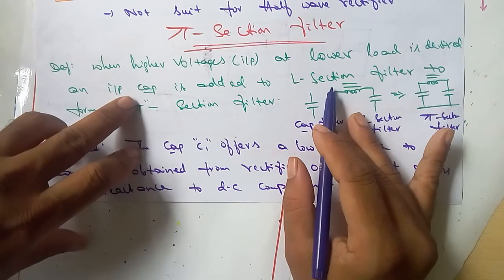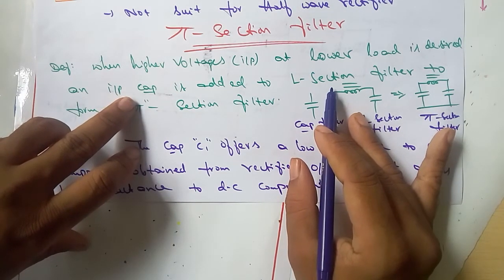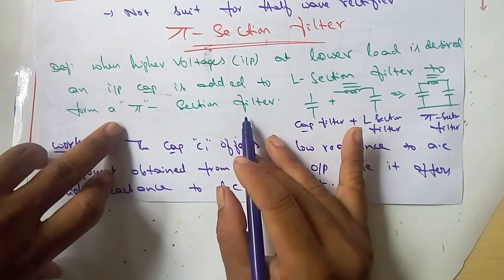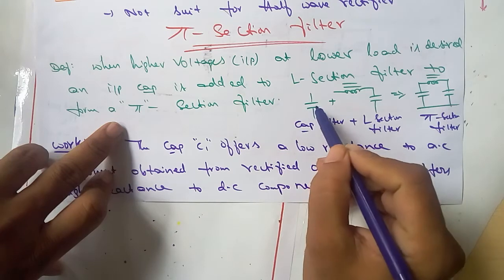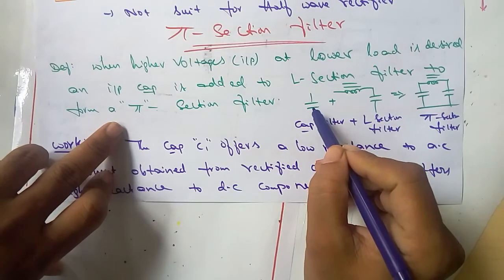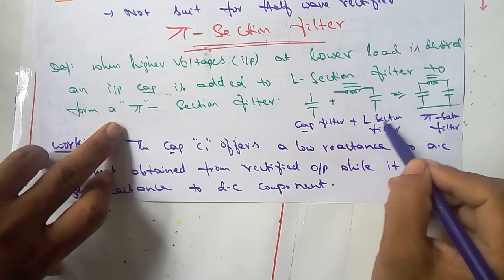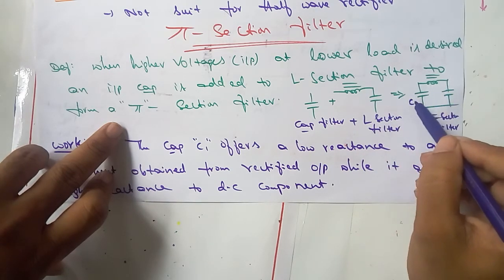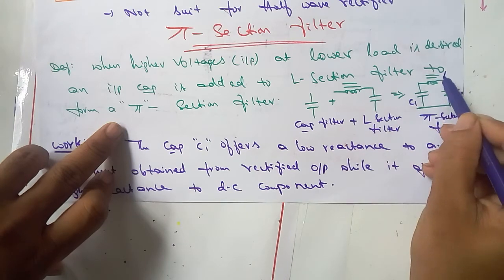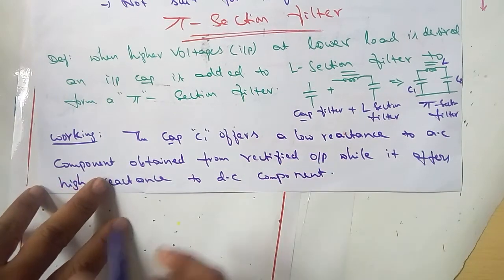That means the parallel capacitor filter is added to the L section filter to form a pi section filter. See here, this is C1, this is C2, and this one is L. Simple, right?